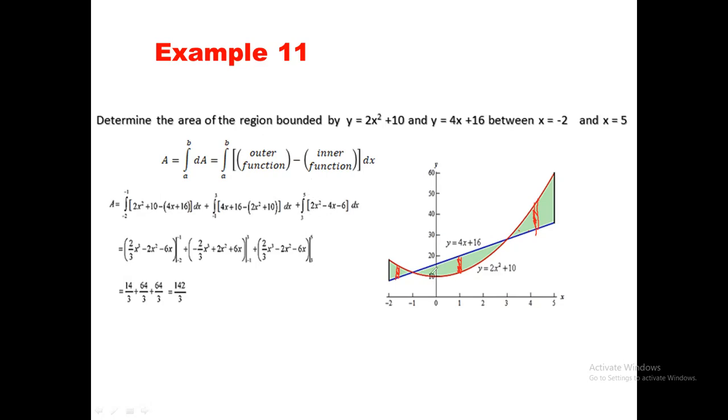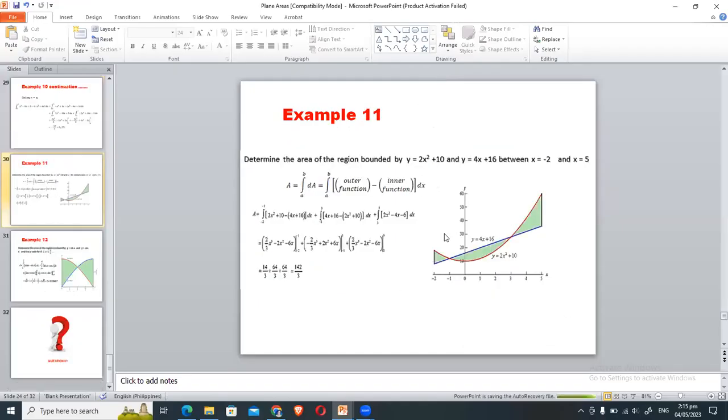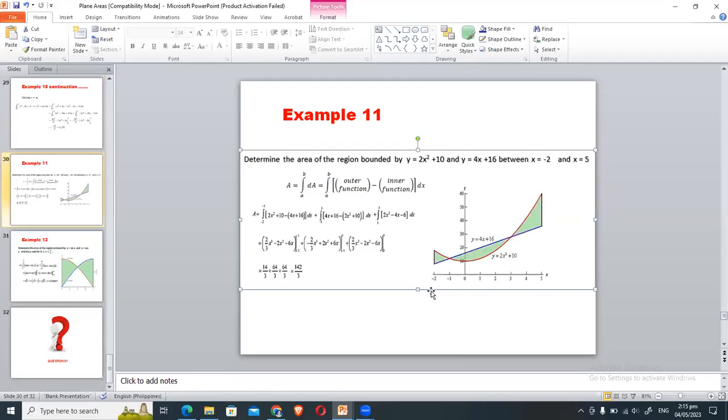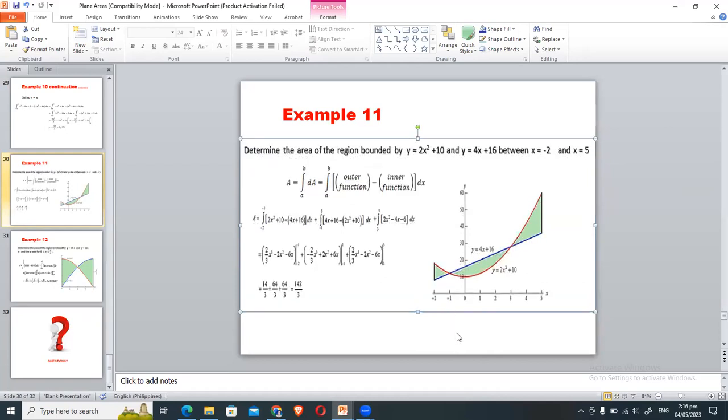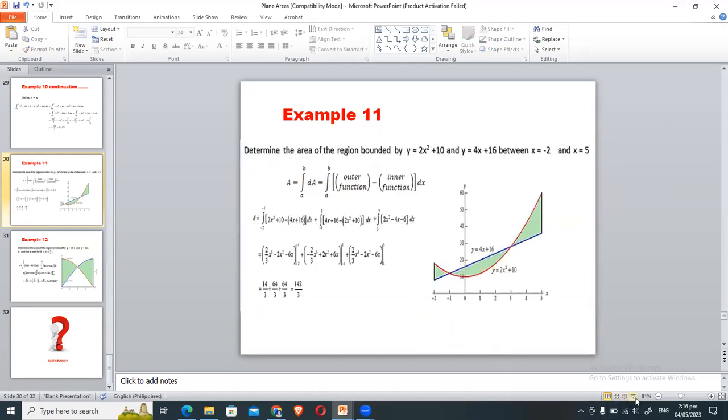So question, how did you find, again, these points of intersection? Let me just clear my markings and make this bigger so you will see. This is bigger now.